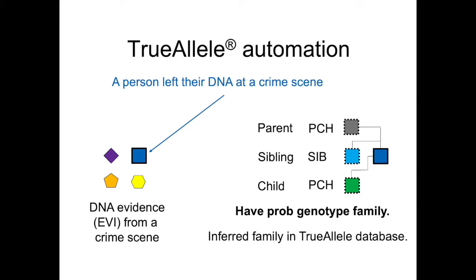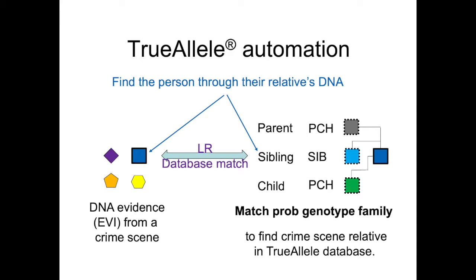Suppose a person leaves their DNA at a crime scene, as shown in the 4-person mixture DNA evidence on the left. Now comparison can be made with a DNA database that's enhanced with the family members represented as probabilistic genotypes that are also available for comparison on the DNA database. Now the person in the evidence can be found through their relative's DNA on the family-enhanced DNA database.